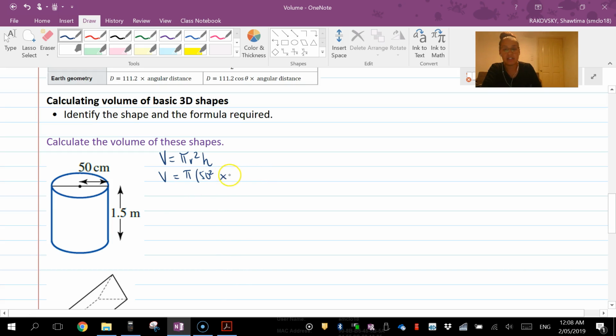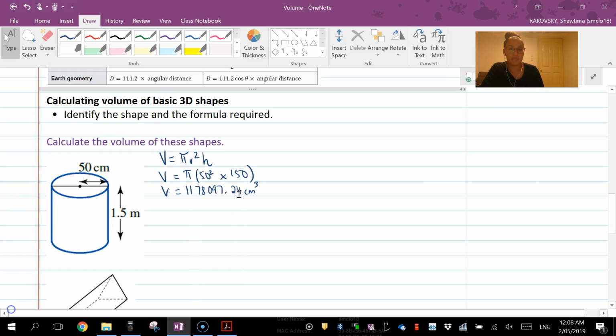And the H is actually going to have to be converted to centimeters. So putting that into your calculator, you get this as centimeters cubed.